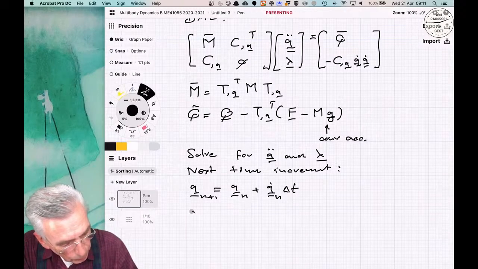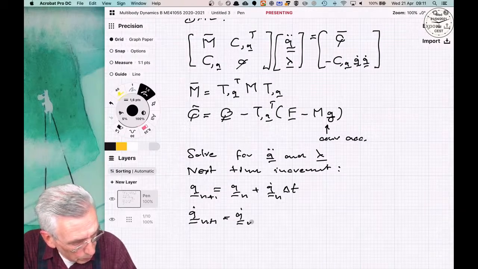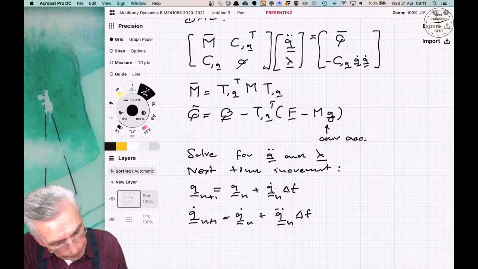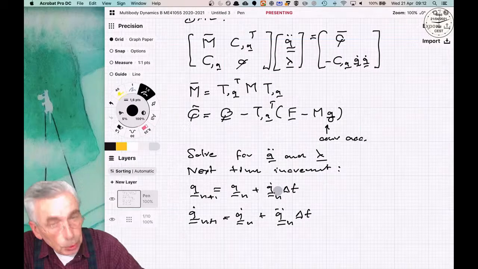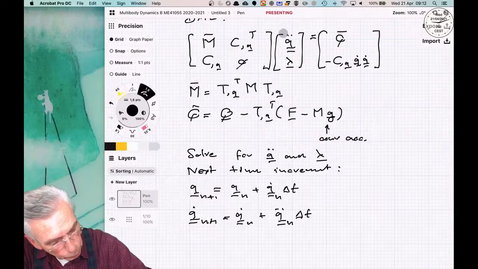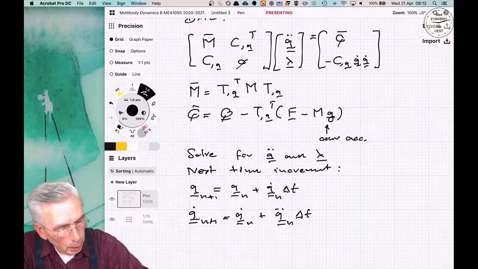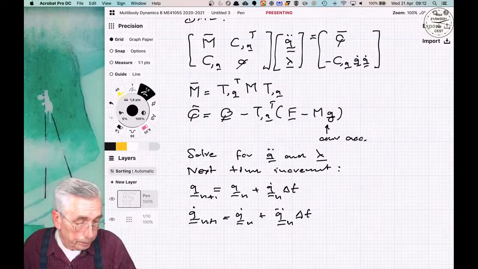And then my new speeds are of course my old speeds plus my accelerations times delta t. And therefore you need this equation of motion for this guy, because this is already a state variable, but this is what you get from the equation of motion. And then you've updated, then you can close the loop, go back again, formulate the equation of motion, calculate the whole shebang, and do a next step, and then ad infinitum. And you will have the motion.